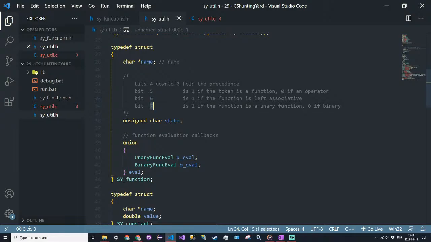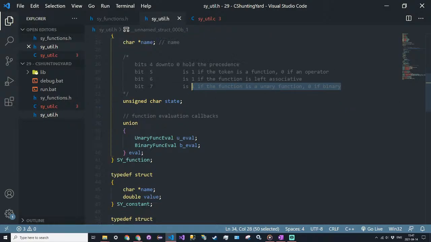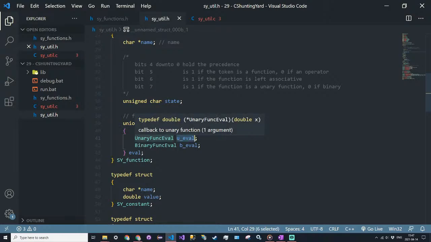And then bit 7, the last bit, will be if the function is unary or binary, and this will affect how we evaluate it based on the number of arguments that we want to pass in. And that will also serve as a specification for which union value we are currently using. So if bit 7 is 1, then we want to call the unary function evaluation callback here. And otherwise, bit 7 will be 0, so we want to use the binary function evaluation callback there.